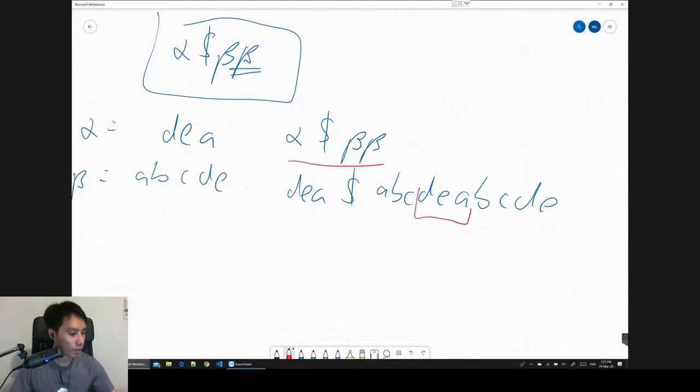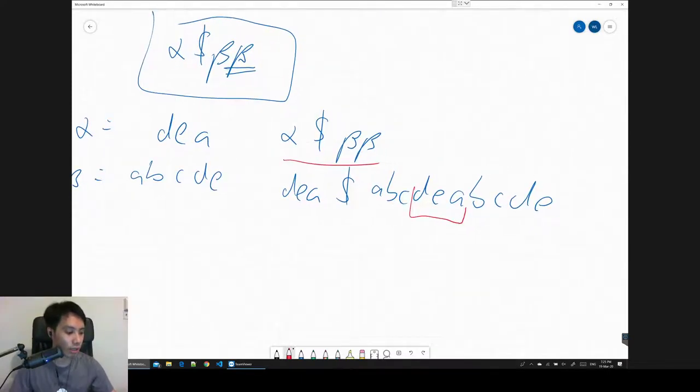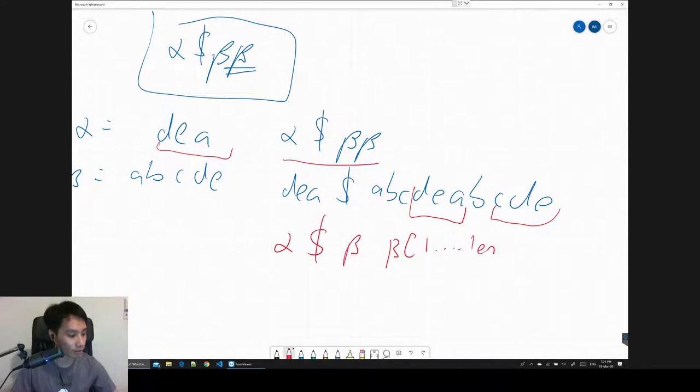But you should be able to make an observation now. Because the string here is shorter, you do not need to expand it all the way. Right? So what you should be doing is alpha, dollar sign, picker, no choice. But for the second picker, you're going to go from 1 all the way up to length of alpha.